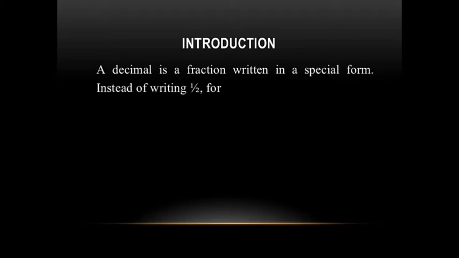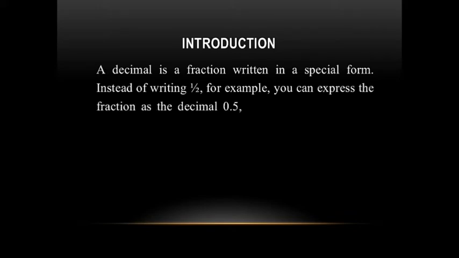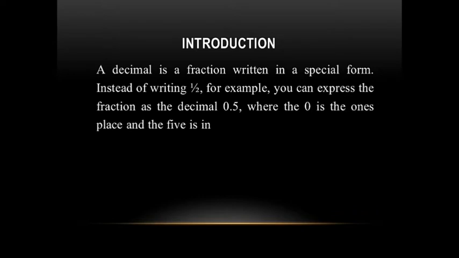Instead of writing 1 by 2, for example, you can express the fraction as the decimal 0.5, where the 0 is the ones place and the 5 is in the 10th place. So here it is given a decimal is a fraction written in a special form.